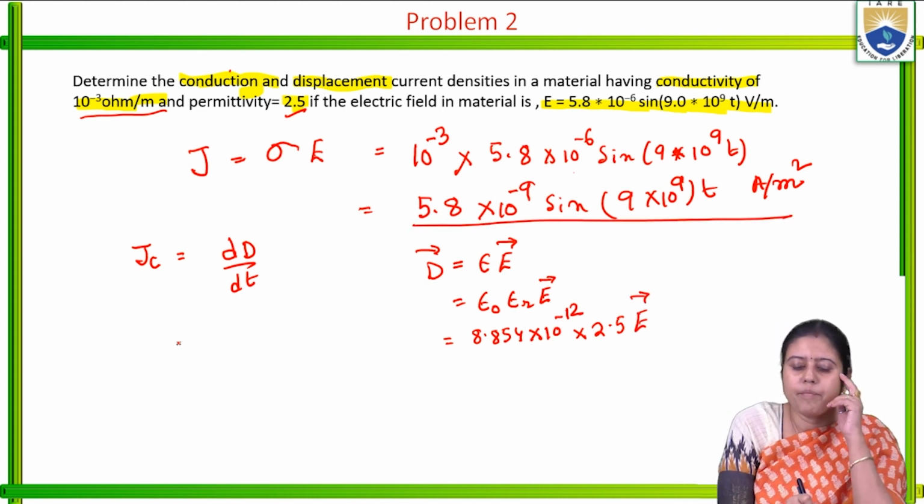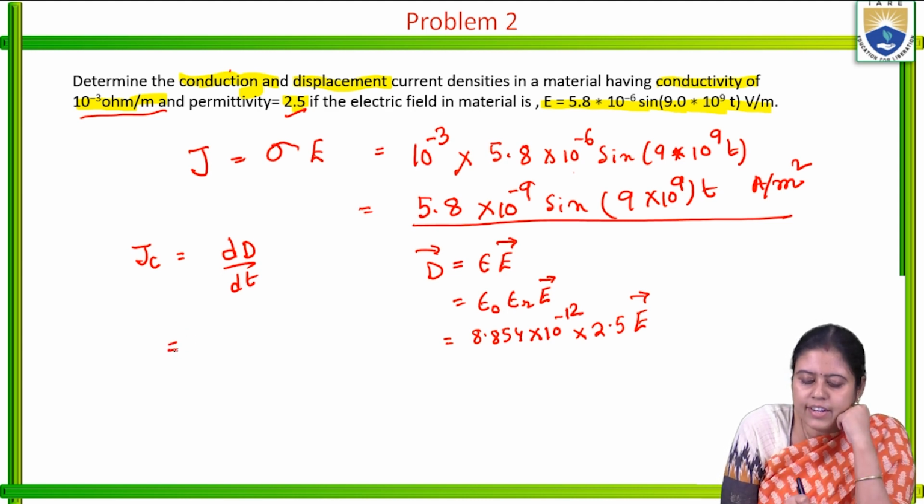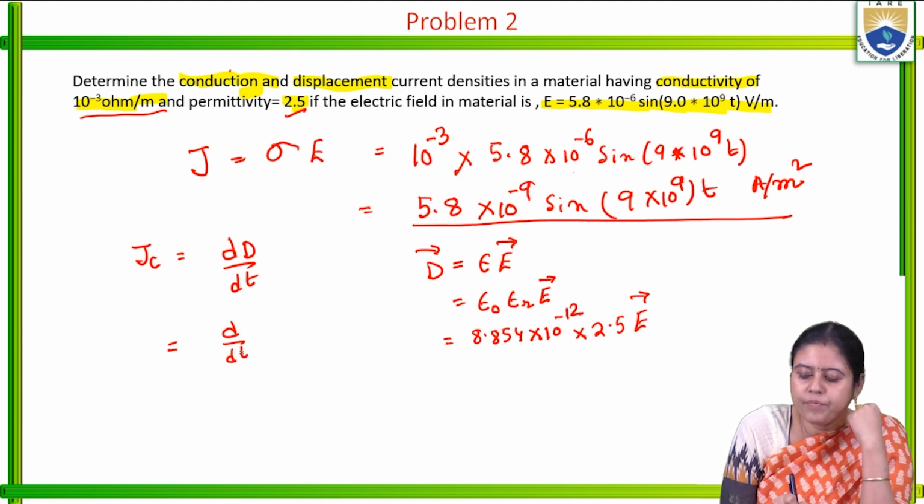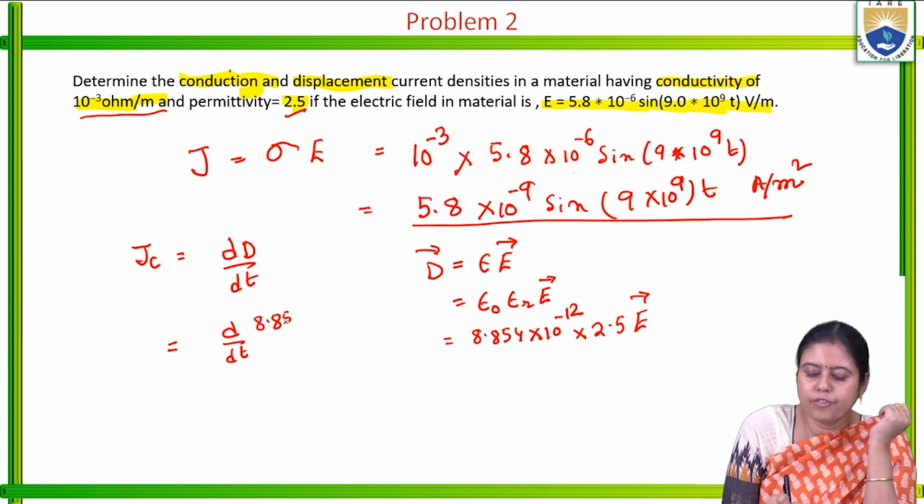So if we get the value, we can write it d by dt into 8.854.